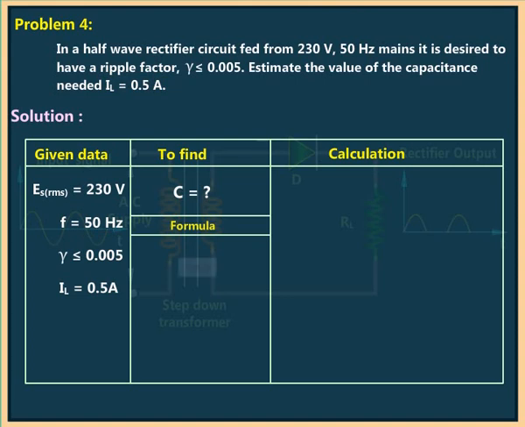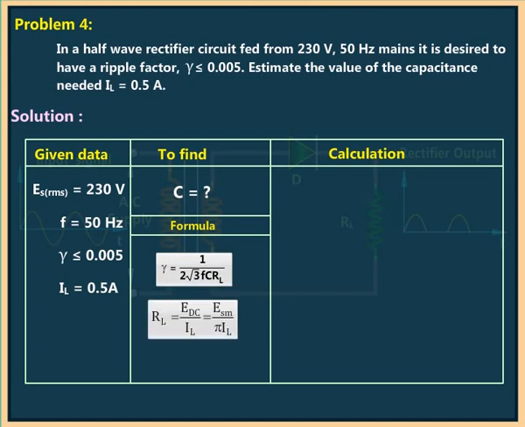Formula used: gamma is equal to 1 by 2 root 3 FCRL. RL is equal to EDC by IL is equal to ESM by pi IL. ESM is equal to root 2 ES RMS.